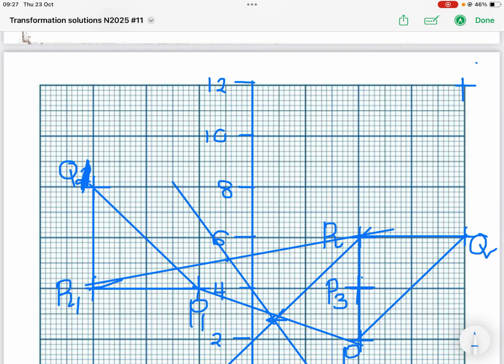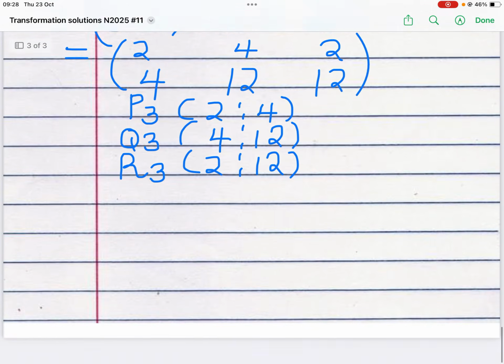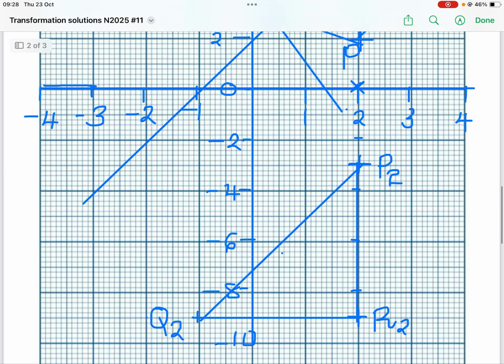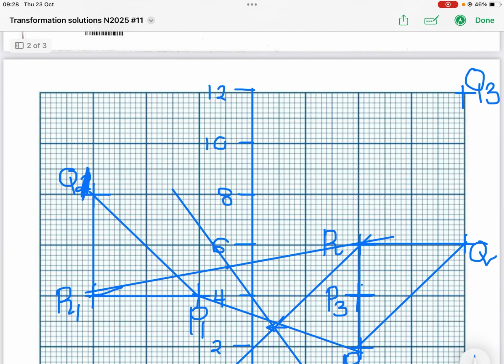And then this one is Q3. The last coordinate, we are having (2, 12). 2 and 12. It is this coordinate. We label our point R3.